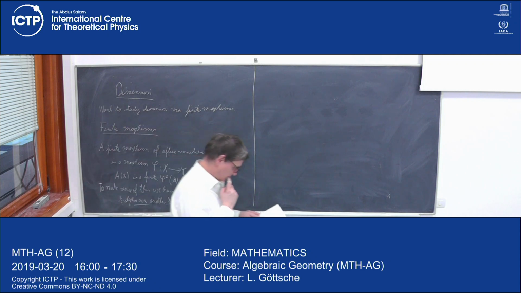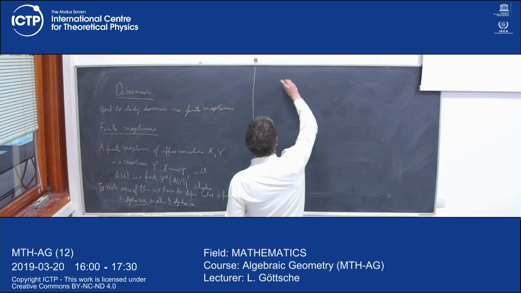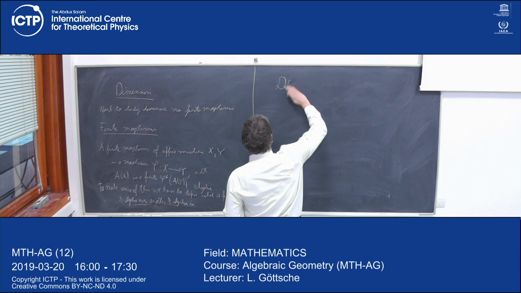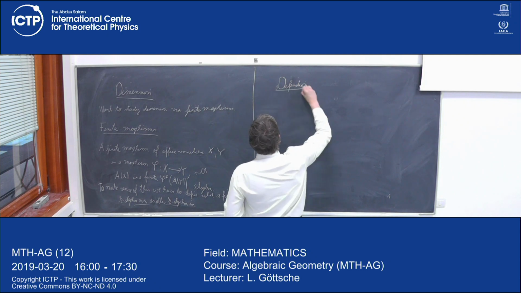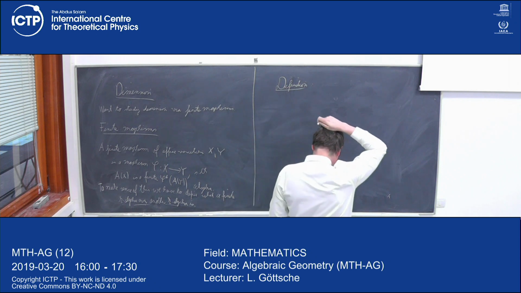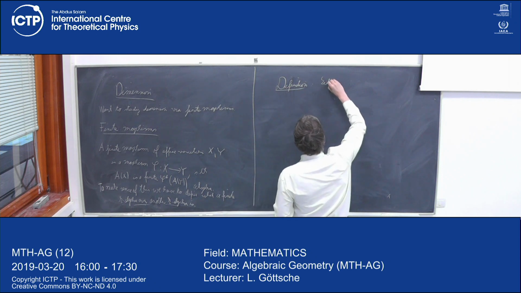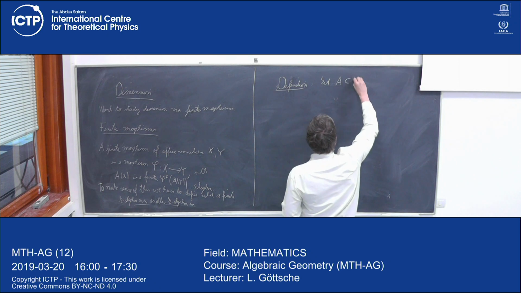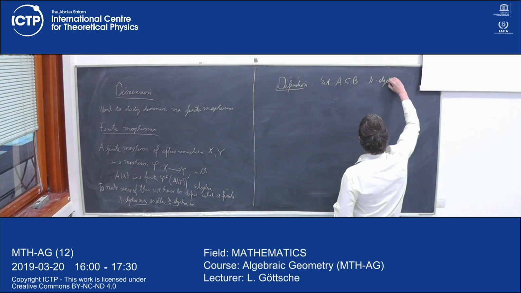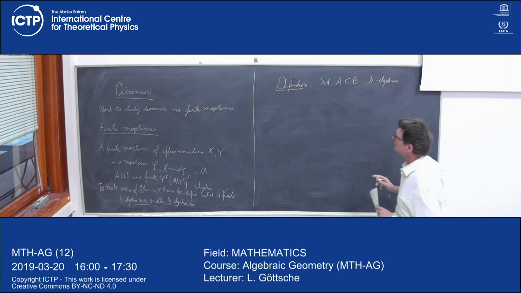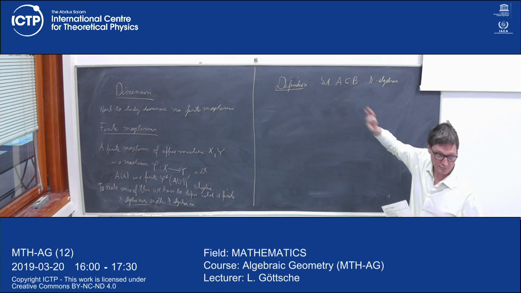So let's see how that goes. So I now define that first, definition. So we assume that we have two K algebras, one contained in the other. So A should be a subring of B.